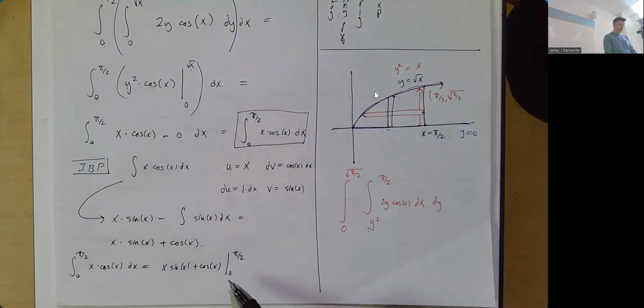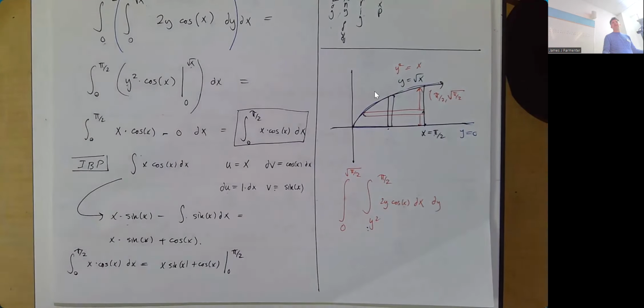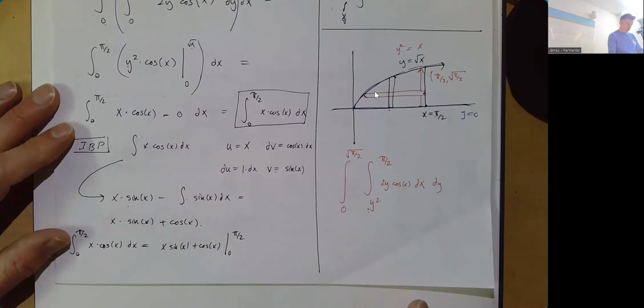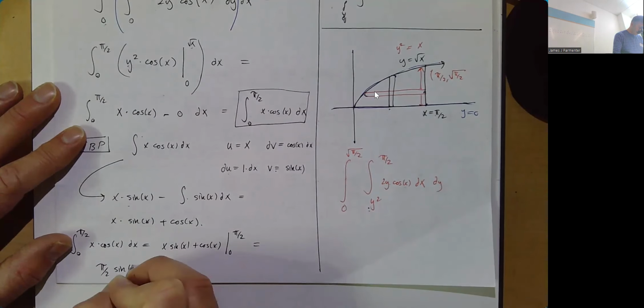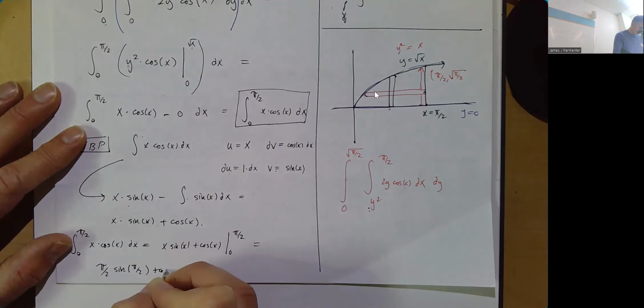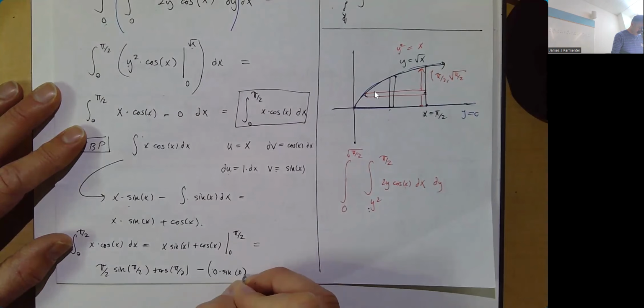I don't want to carry the 0 to pi over 2 here, here, here, here, and it becomes messy for me. So then plugging in, we get pi over 2 times sine of pi over 2 plus cosine of pi over 2 minus 0 times sine of 0 plus cosine of 0.